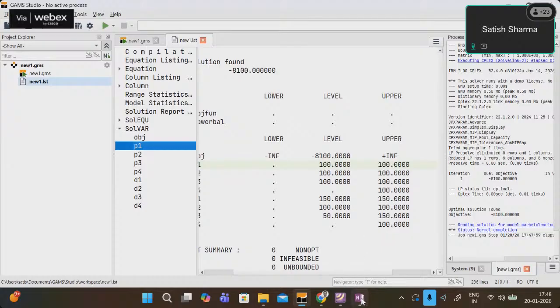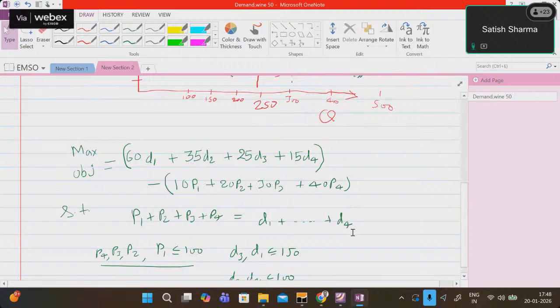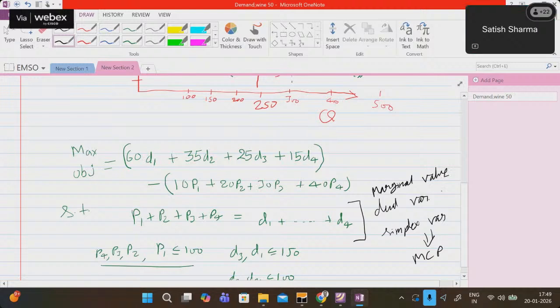But just from today's point of view, whenever we are writing down this power balance equation, the dual variable, or generally we call it the simplex variable, of this particular equation is equal to the market clearing price, and this is also called the marginal value of the equation, usually the power balance equation.